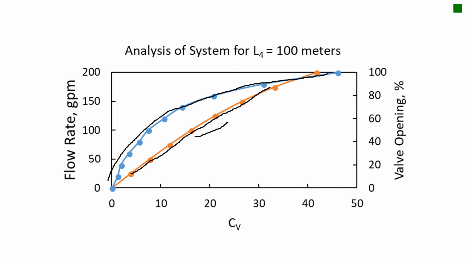If we go back to the previous slide where we plotted the linear valve, you would notice that that linear valve is closer to my system curve than the equal percentage.